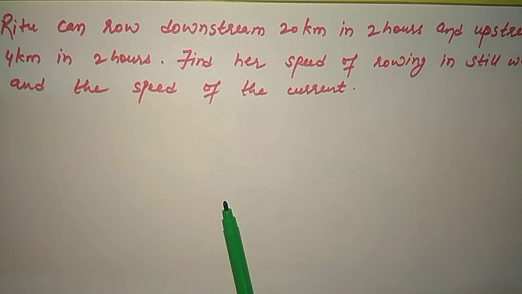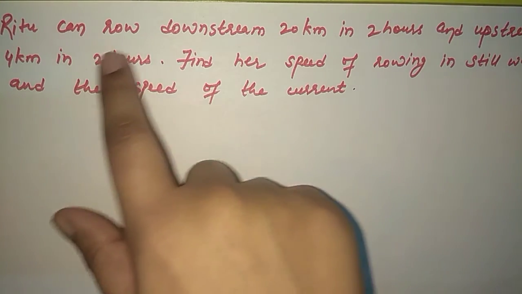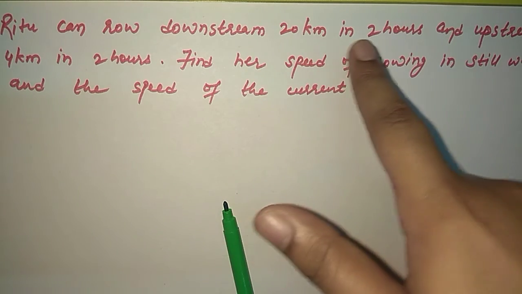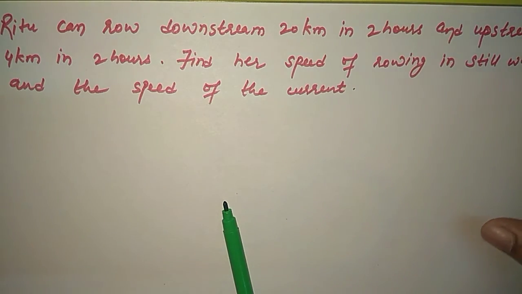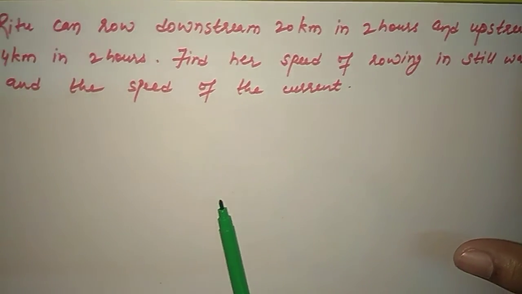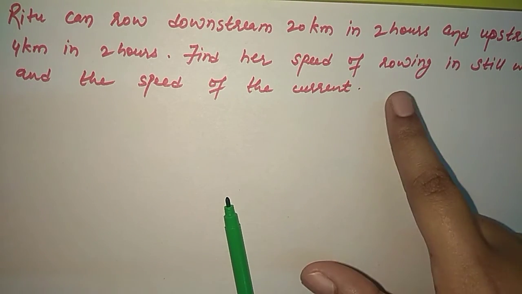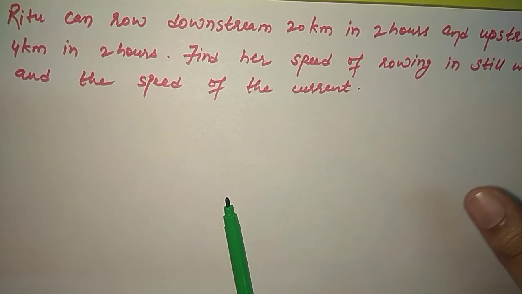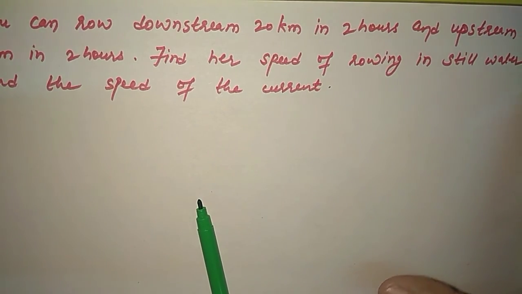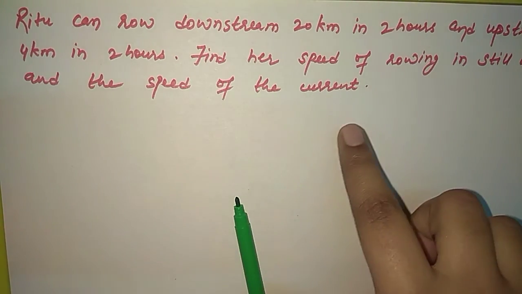So let's start it with Ritu can row downstream 20 km in 2 hours and upstream 4 km in 2 hours. Find her speed of rowing in still water and the speed of the current.